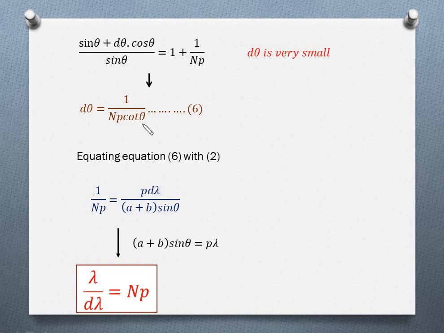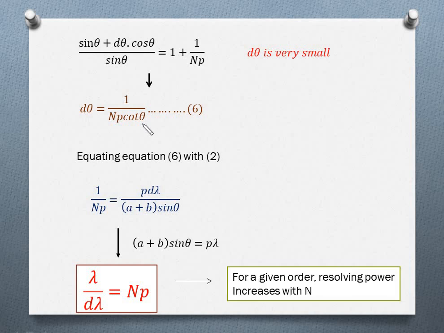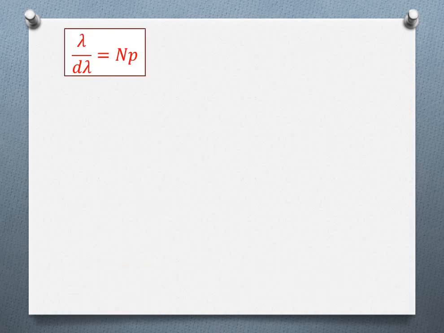Finally we get what we wanted, lambda by d lambda equals np. Here we can note that for a particular order, the resolving power of a grating is proportional to the number of slits. Just remember this formula, it is very important.